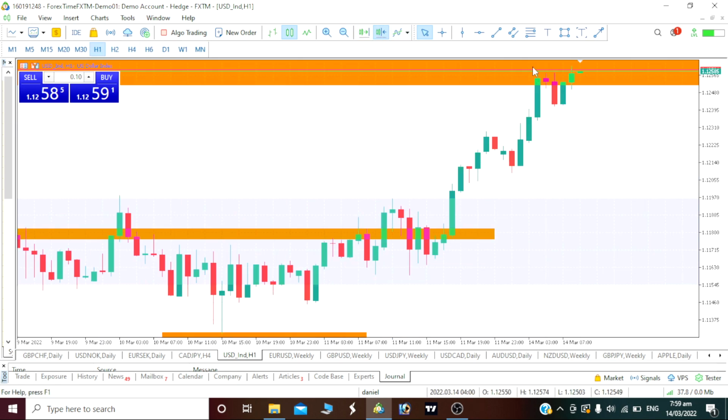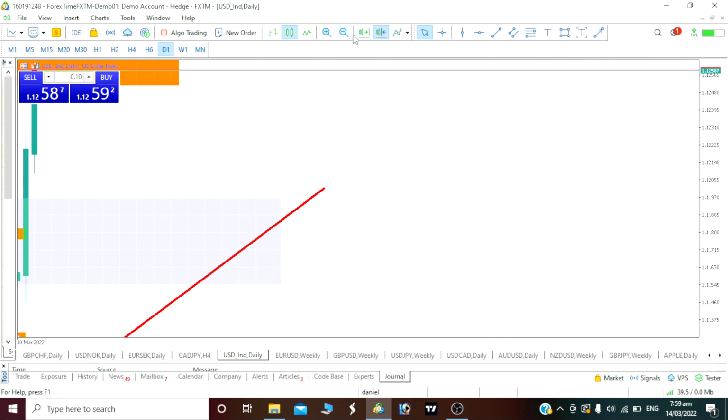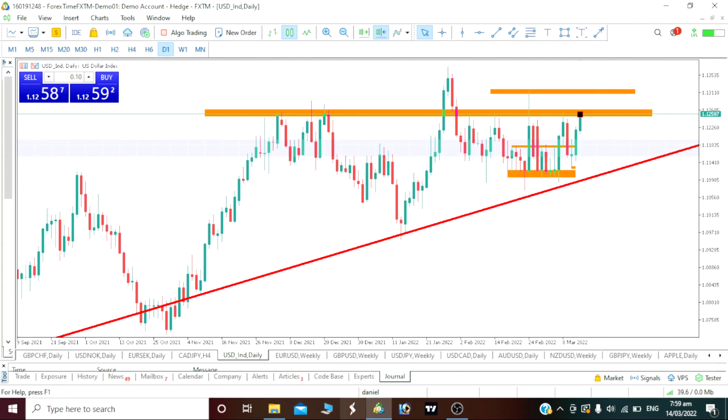It has broken above this area, so this will be the best time to take our buy position. So we are still looking for some bullish movements on our US index.